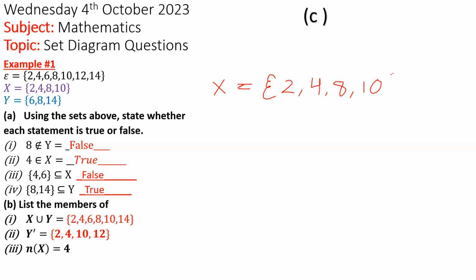So they asked us for the number of elements, that's what the n stands for. The number of elements in X, we have to count. So it's 1, 2, 3, and finally the last one is 4. And so that's the number of elements in X. So the answer is 4.